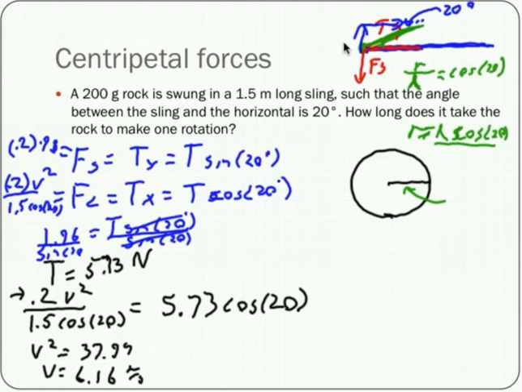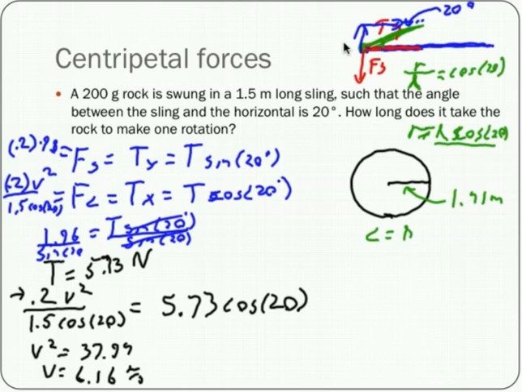So we take 1.5 times the cosine of 20. That tells us we have 1.409 technically, but 1.41 meters is our radius. And so just multiply that times 2 pi. So we get a circumference of 8.856.